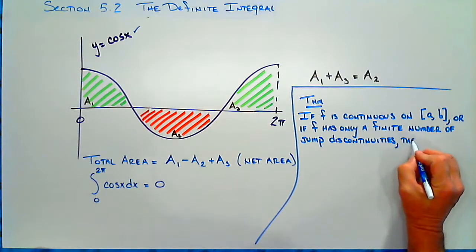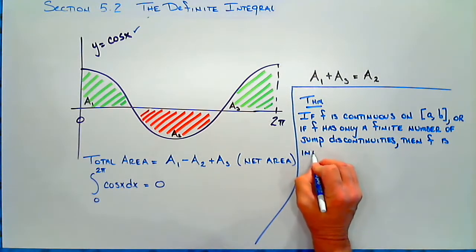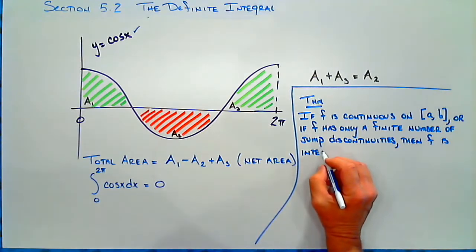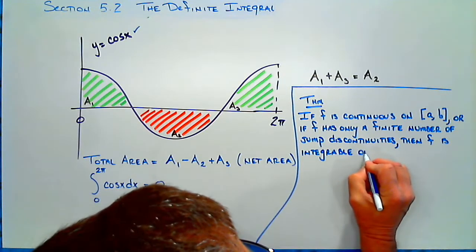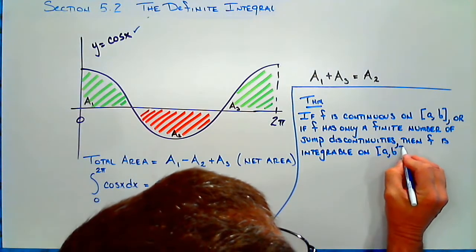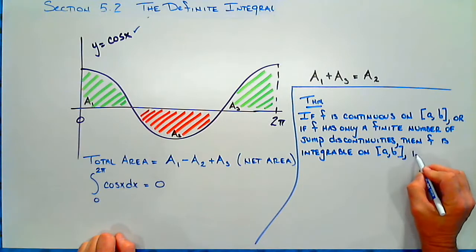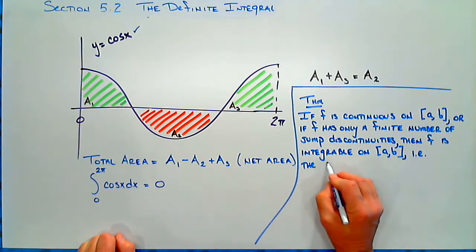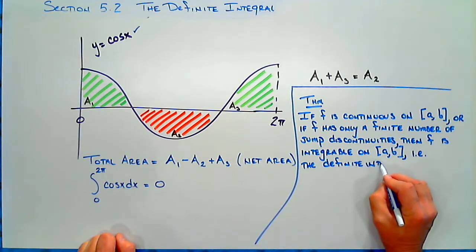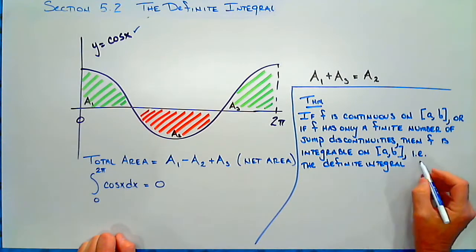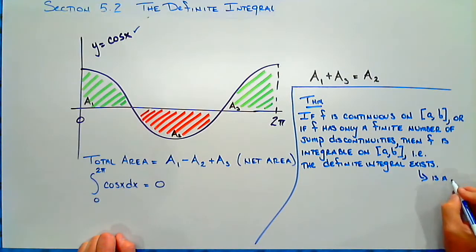Then f is integrable on A to B, i.e., the definite integral exists. Now remember, exists means is a number.